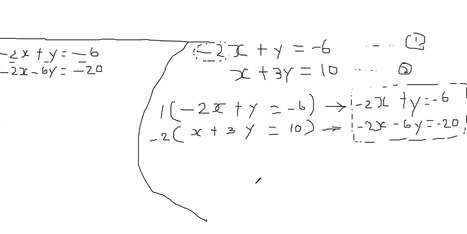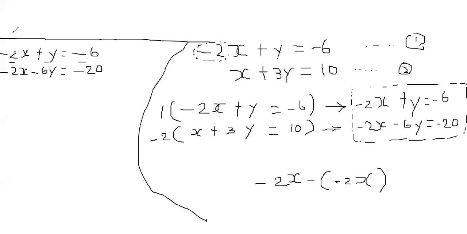So the first section, we have -2x minus negative 2x. Good. So we have negative 2x minus negative 2x.